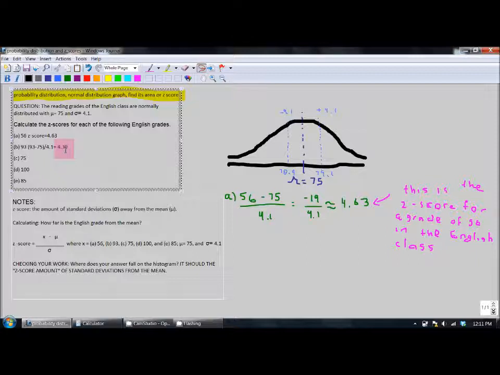The next part of the question, you would have 75. Let's change that number. Let's change it to 80, just to not confuse you. So we'll have 80 minus 75, and then we're going to divide that quantity by 4.1.